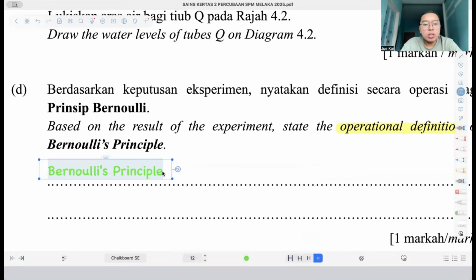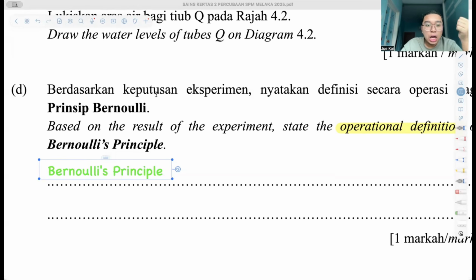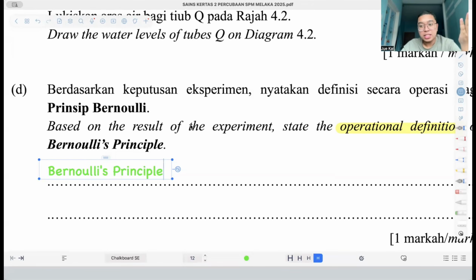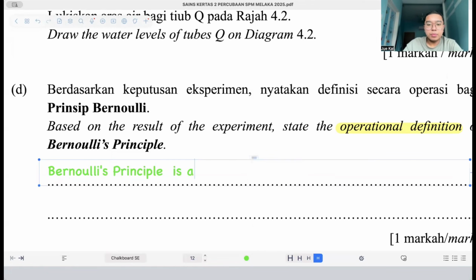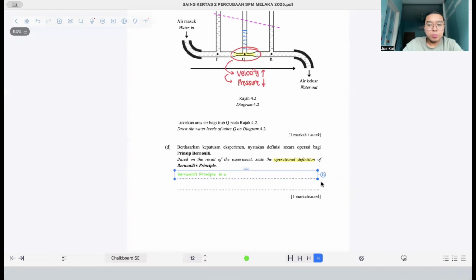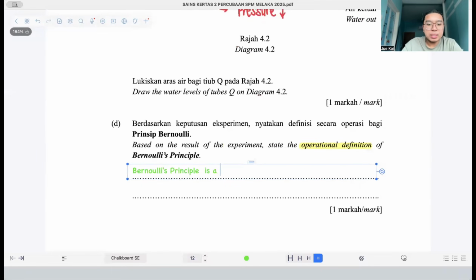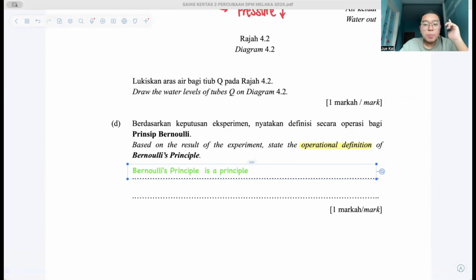Okay, so Bernoulli principle. What is Bernoulli principle? So Bernoulli principle is a principle. Since it already mentioned it's a principle, right? So we just tell it is a principle. Okay, so you see, the water levels are different.